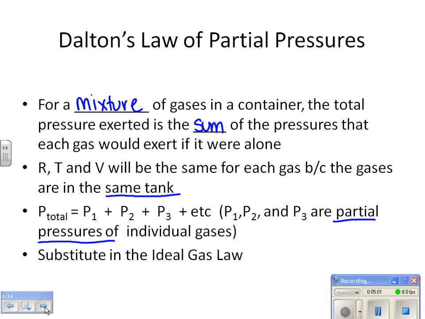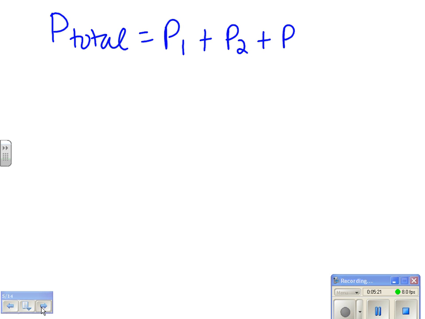And we can substitute in the ideal gas law and use that to find whatever it is we're looking for. Let's show you what I mean. P total is equal to P1 plus P2 plus P3, 3 gases or more in a mixture of gases.